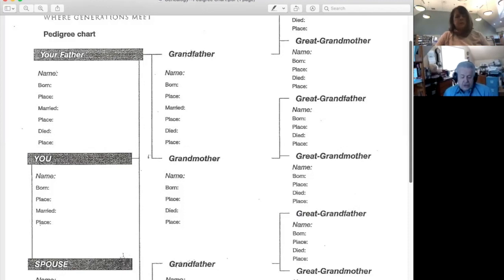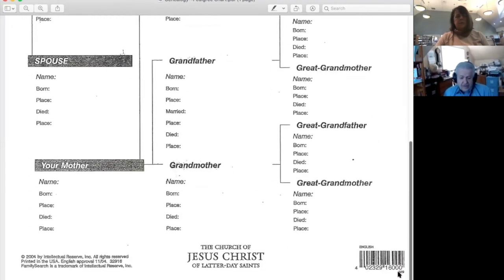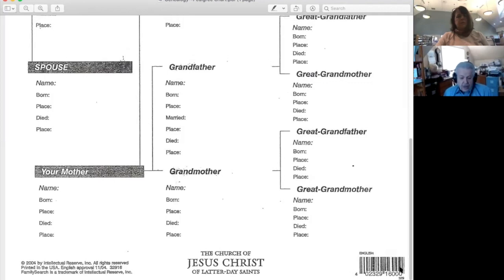Let's go down to your mother. And that would be, of course, underneath the heading for spouse. And again, your mother's name, your mother's birth date, birthplace, and if she's no longer living, her death date and place. And you notice once again, we have no need for the married line there because the married line is up under your father.